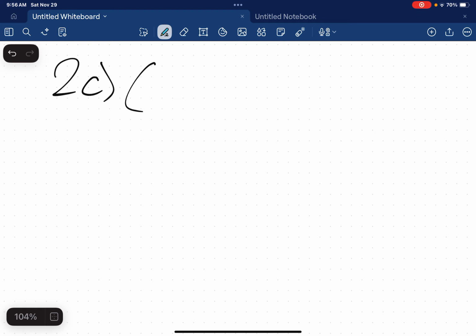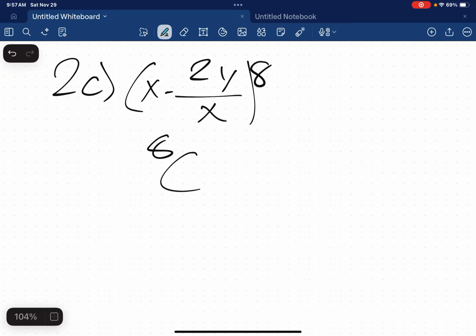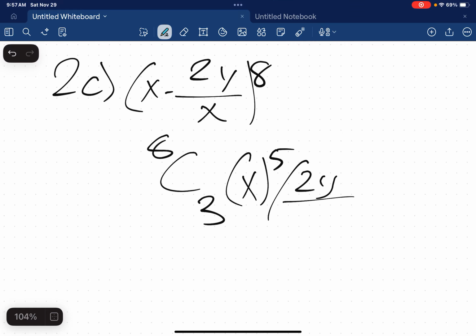We have parenthesis x minus 2y over x, and I think that's the power of 8. It's asking us to find the 4th term, so this one's going to be 8 choose 3, x to the 8 minus 3, which is 5, and then 2y over x to the 3rd.